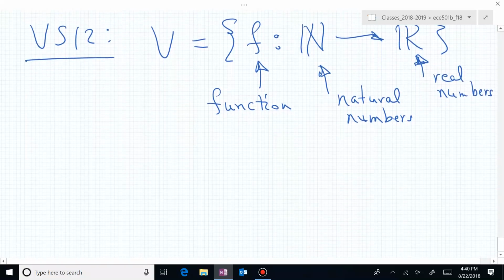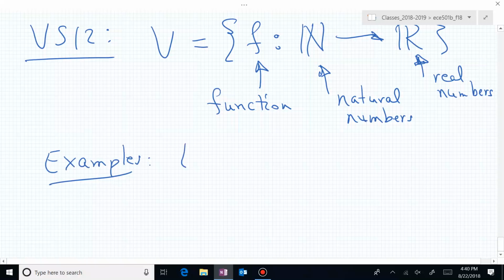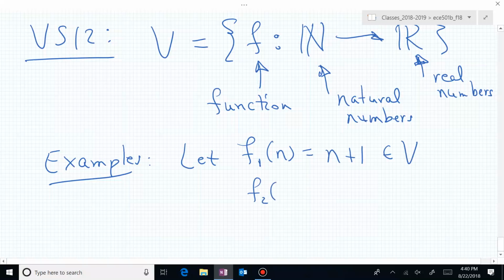Let's just get our minds around this and look at some examples. For example, suppose we let, and I'm going to subscript these just so that we can keep track of them, our first example, f sub 1 of n, be n plus 1. That's an element of V. Suppose we let f sub 2 of n equal 2n squared minus n.